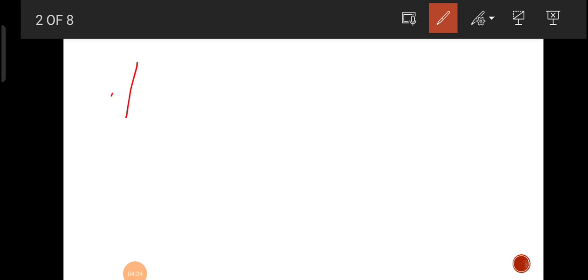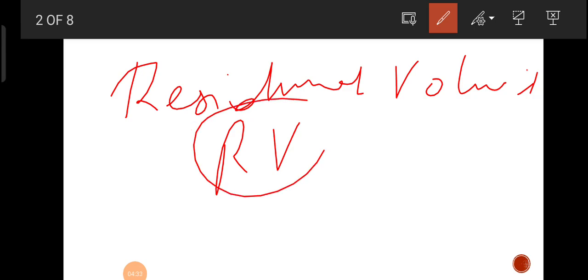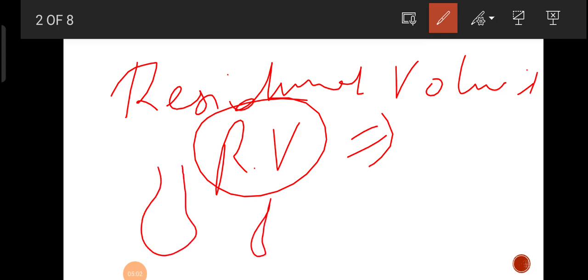Moving to the next part, residual volume, denoted by RV. RV is the amount of air which we cannot expire, even forcefully or anyhow. We can't expire this amount of air, which is present inside our alveoli. The importance of residual volume is to maintain the shape of the alveoli. If you completely expire the air, the alveoli will collapse, meaning the anatomy and physiology of the alveoli will be destroyed.